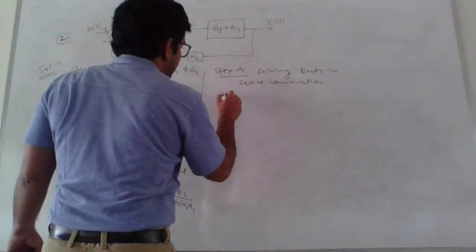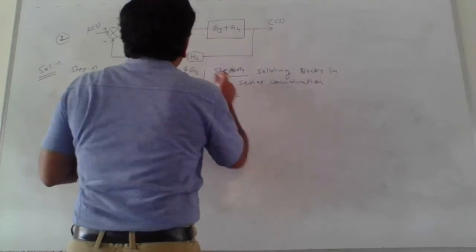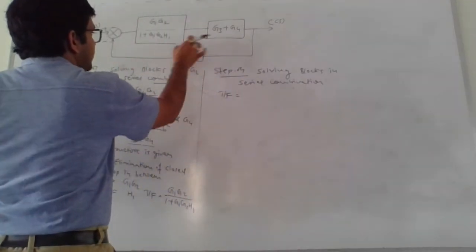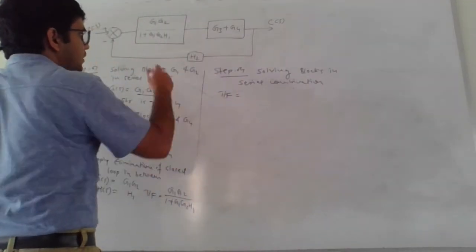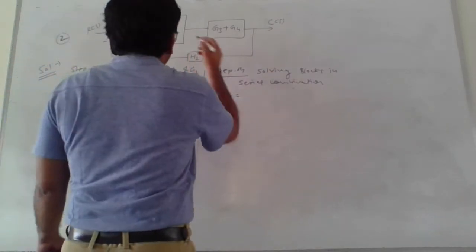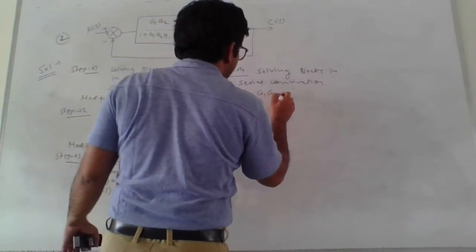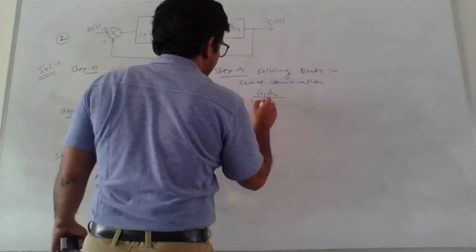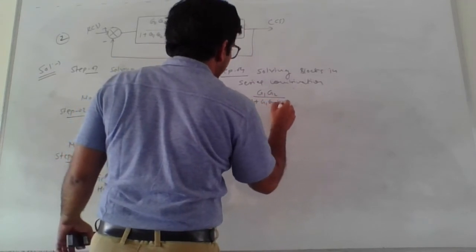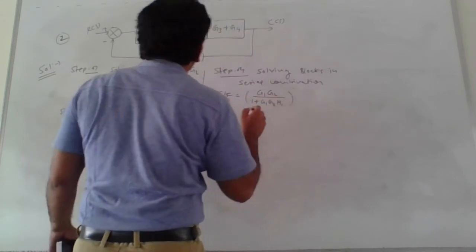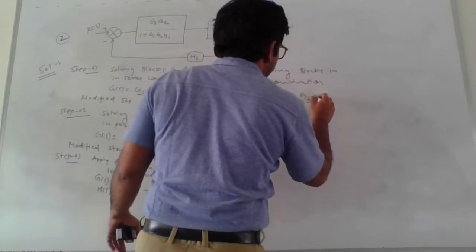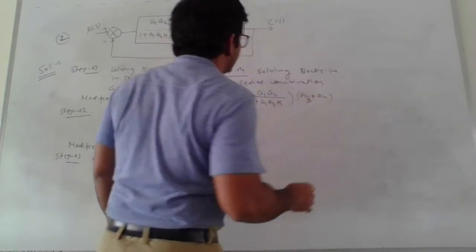So the transfer function is given by, these two are in series combination, so we need to multiply the block gain of individual blocks. So here it is nothing but G1 into G2 whole divided by 1 plus G1 G2 into H1 multiplied by G3 plus G4.